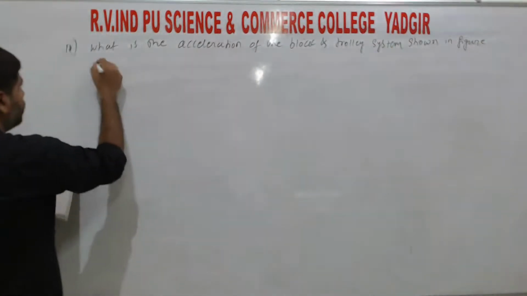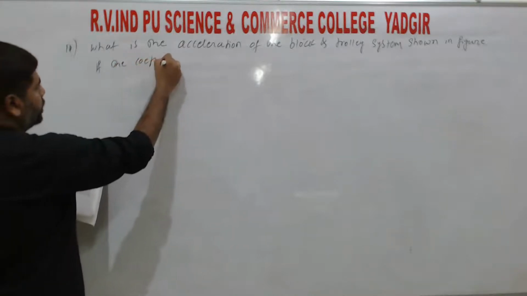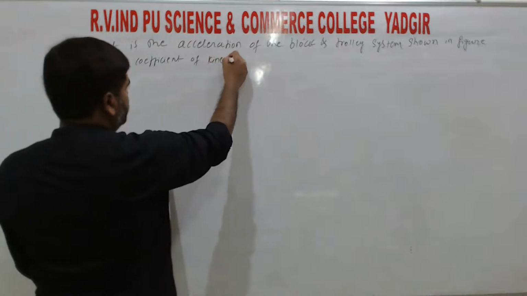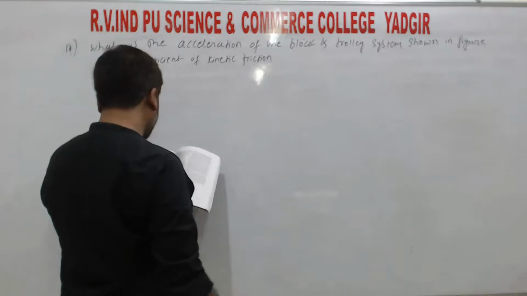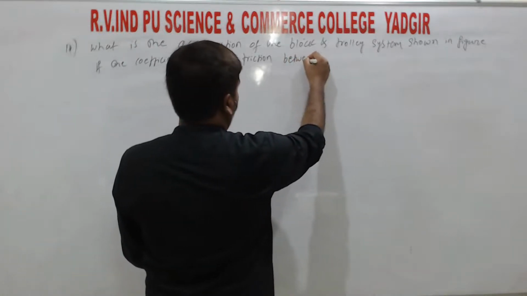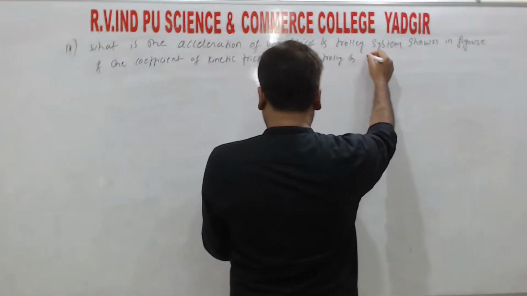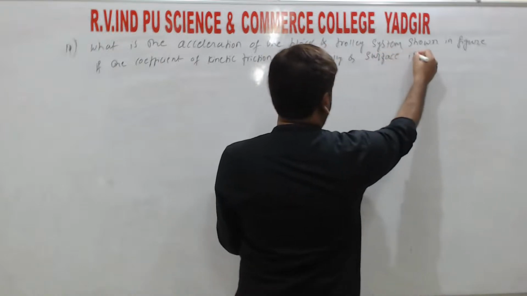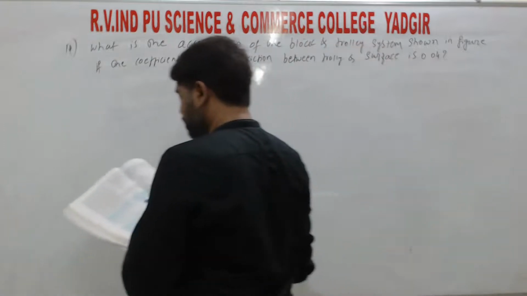If the coefficient of kinetic friction between the trolley and the surface is 0.04, what is the tension in the string?